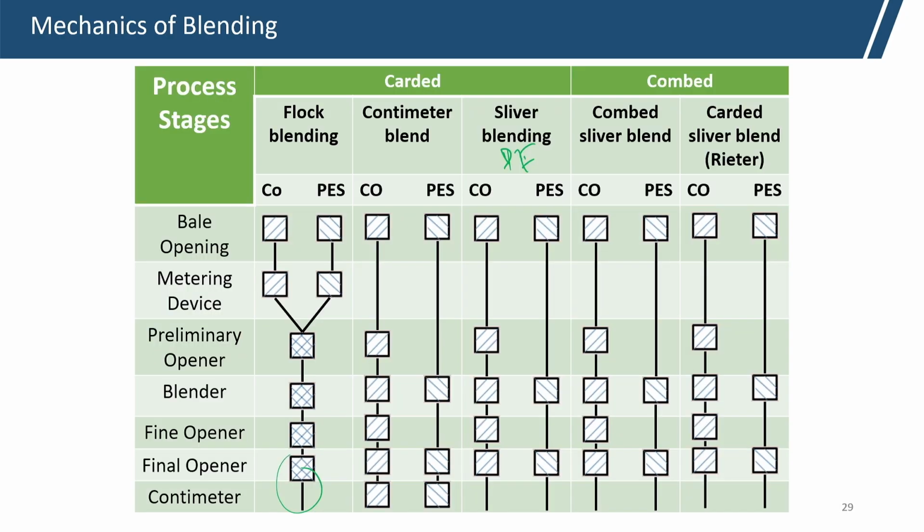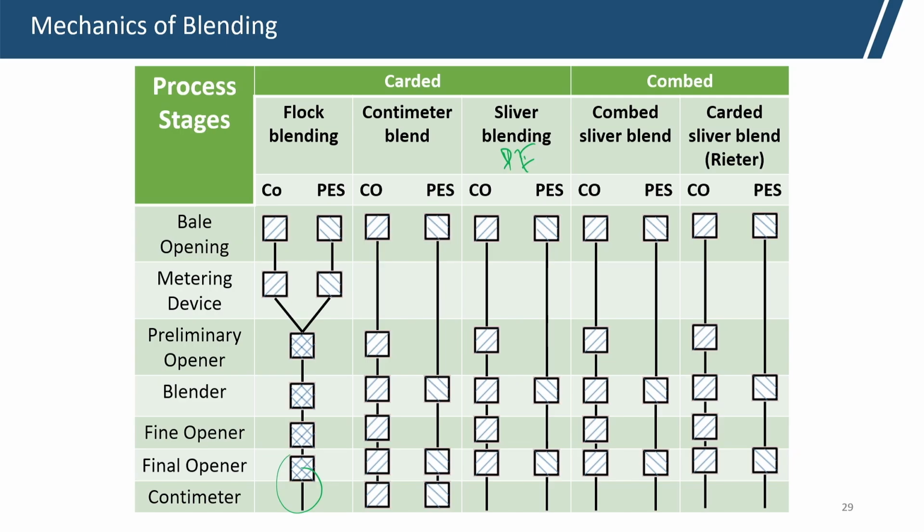Now, we can see here polyester cotton is shown by the right to left diagonal line, and polyester is shown by the left to right diagonal, and the cross means at this stage the actual blending takes place.